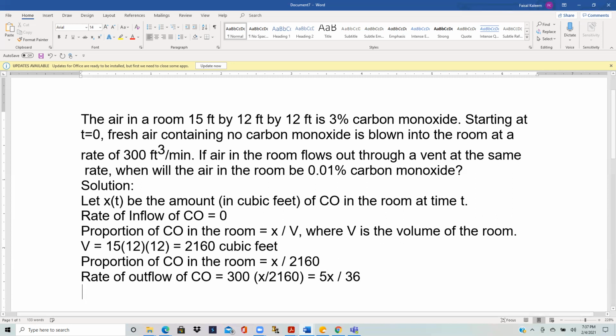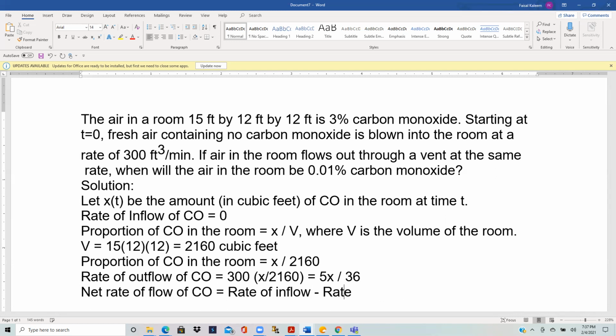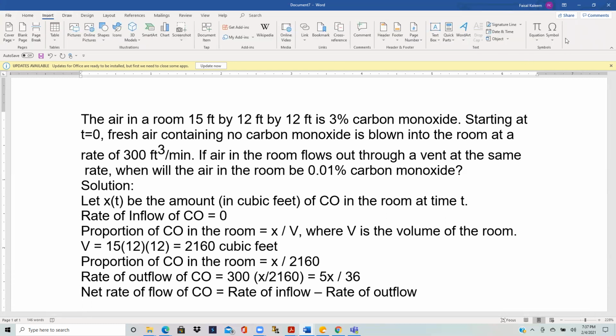So now, the net rate of flow of CO equals the rate of inflow minus the rate of outflow. And now let's use the equation editor.